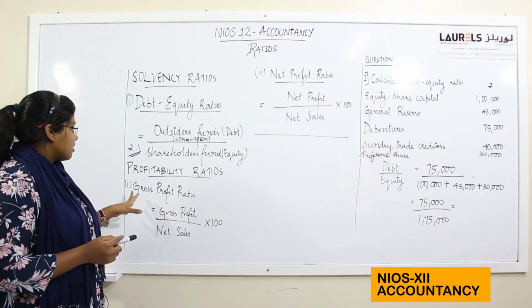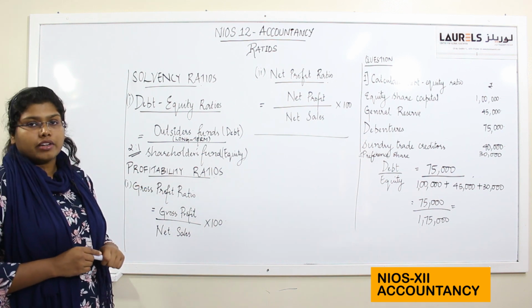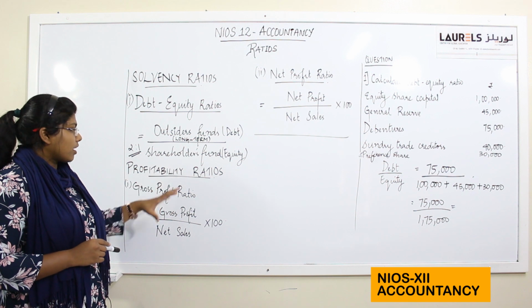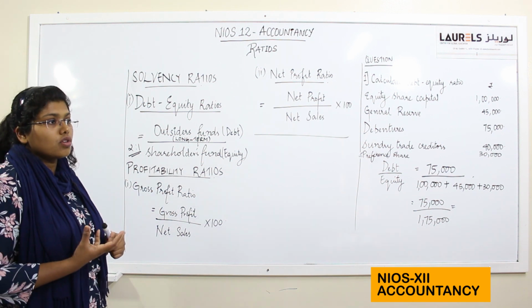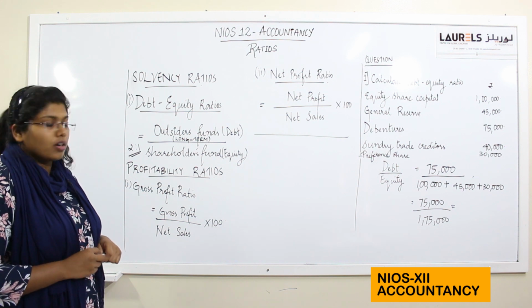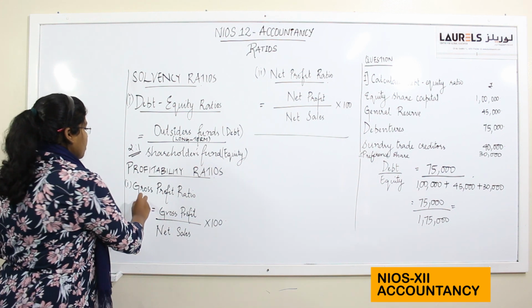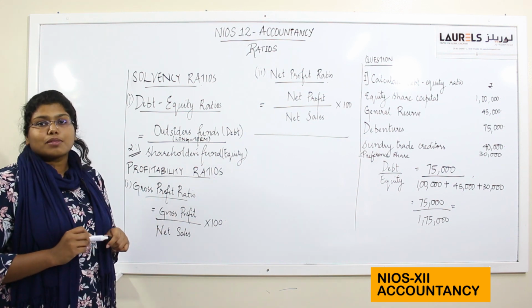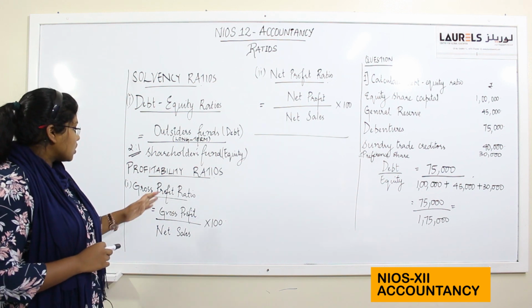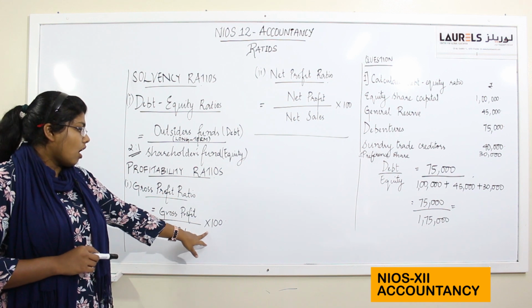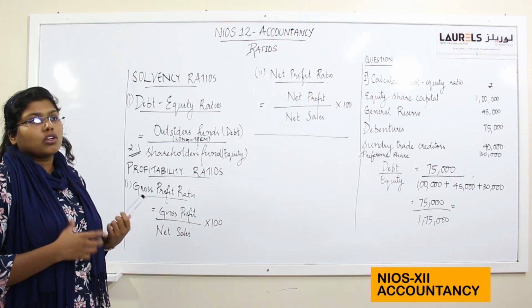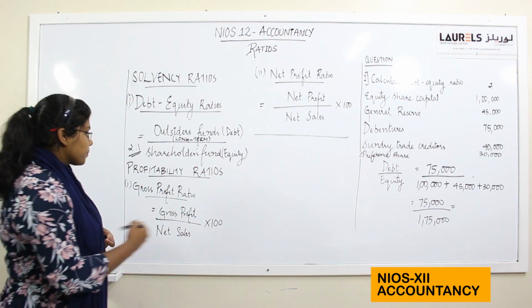Next, we move on to the profitability ratios. As the word goes, we calculate ratios on the profits of the firm. The first ratio under that is our gross profit ratio, which is gross profit by net sales into 100. What is gross profit?